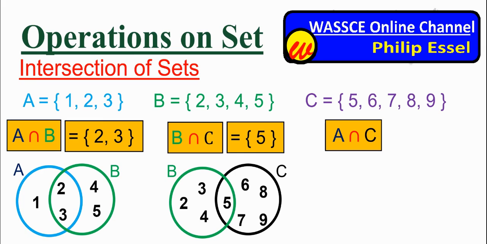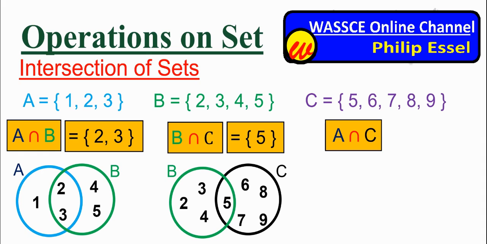When you go to set C, the elements are 5, 6, 7, 8 and 9. Here, you realize that the two sets do not have anything in common. So what it means is that they do not have an intersection. What this means is that their intersection would be empty. So we would use the empty set or the null set to represent A intersection C.